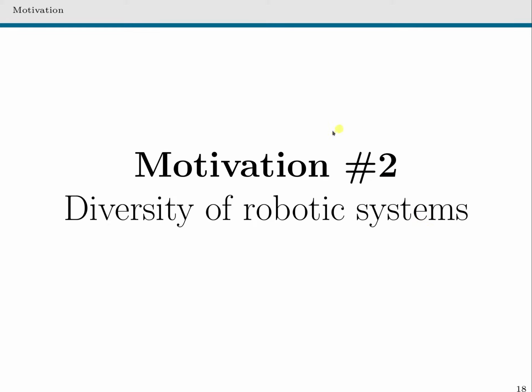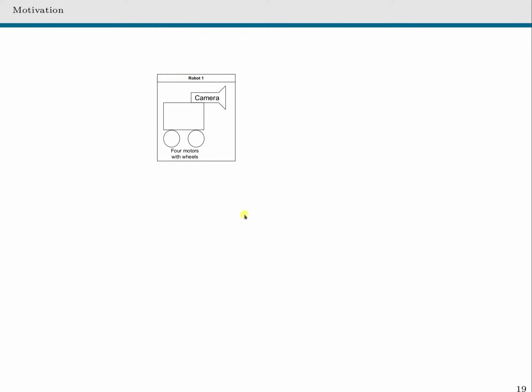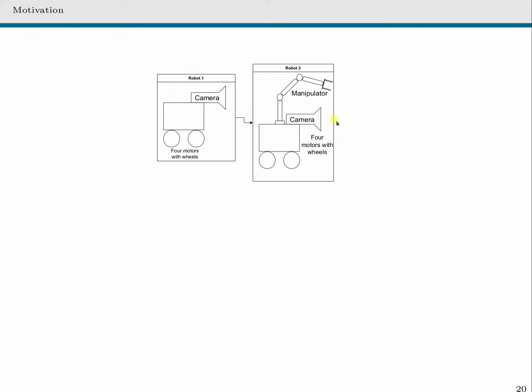Another motivation is the problem with the diversity of robotic systems. Let's imagine we have a simple robotic system that we want to develop. It consists of 4 motors and 4 wheels and a camera. When we finally develop such a system, we are asked to develop another system that is an extended version of it with a manipulator.